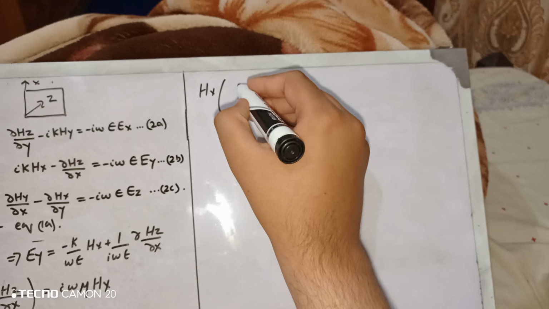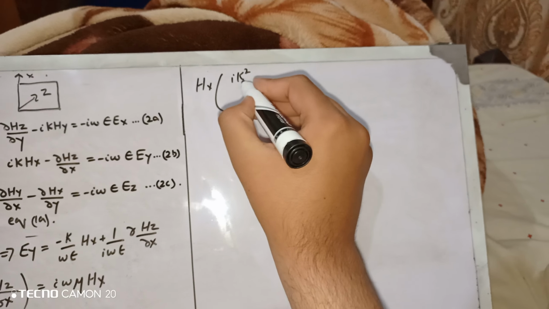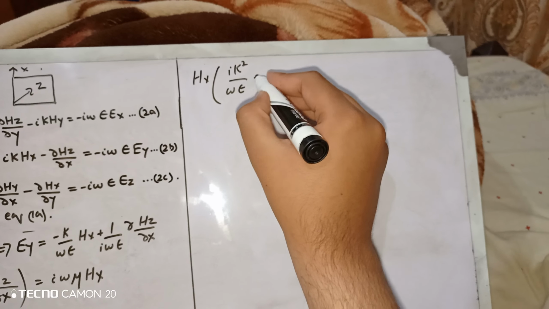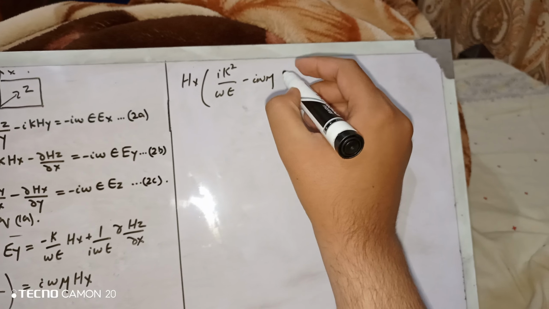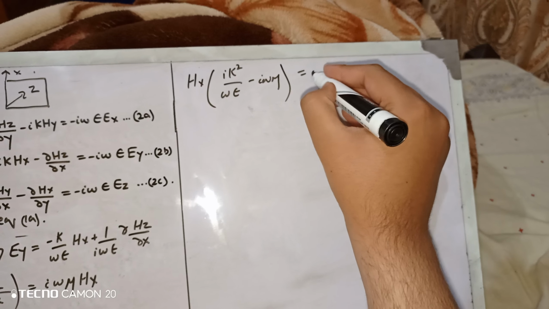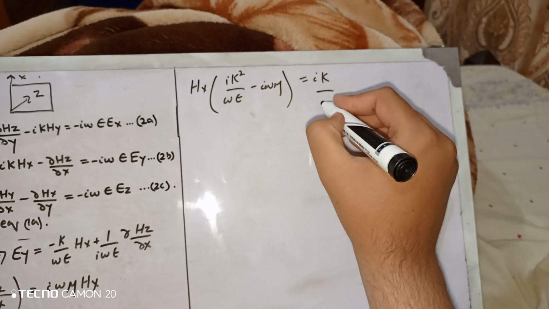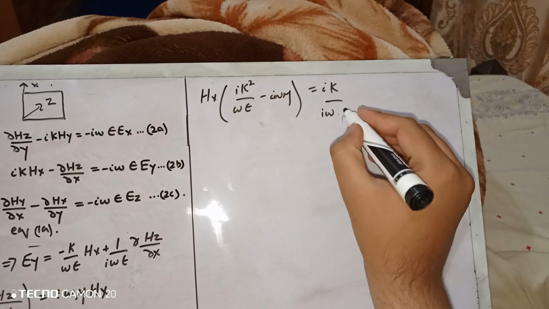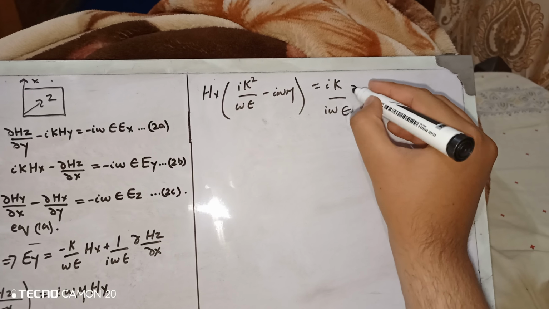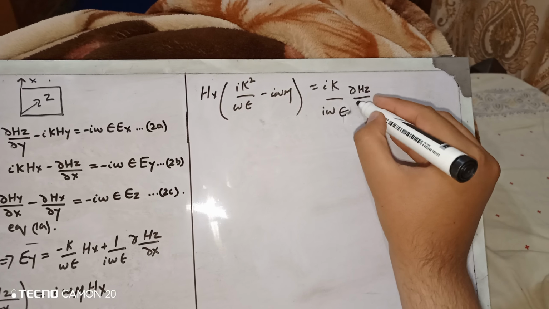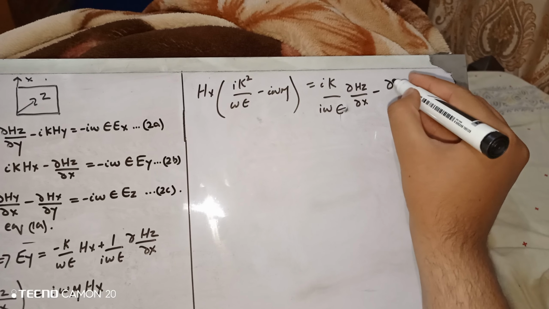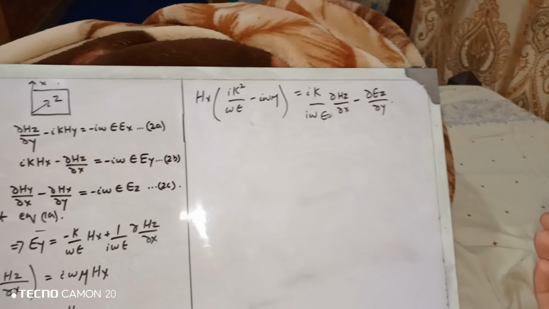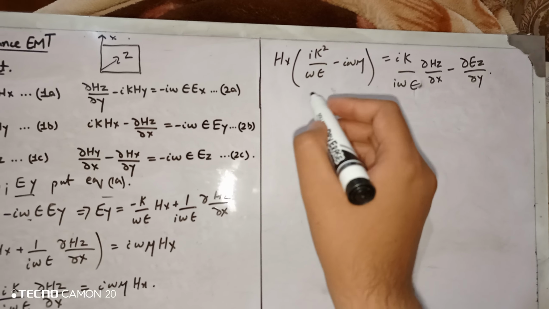After taking common, you will be left with i k² divided by ωε minus iωμ, equals ik times the other terms as they are, which can be written as iωε, sorry, here is epsilon, ∂Hz/∂x minus ∂Ez/∂y. Now again we have to take the LCM of this.